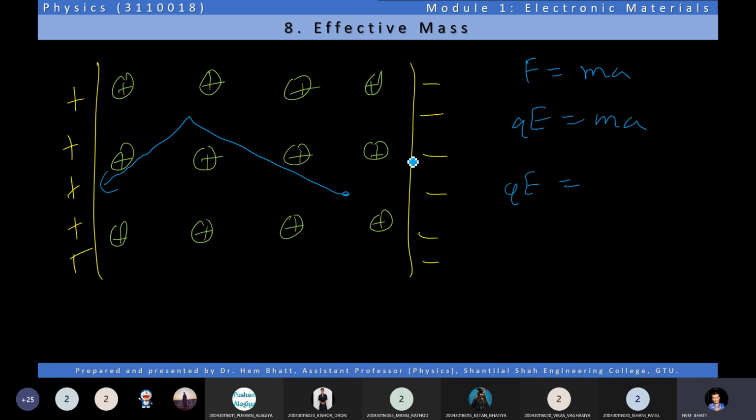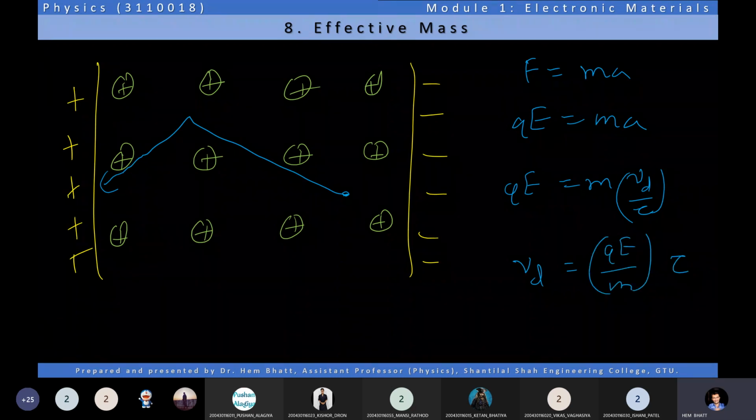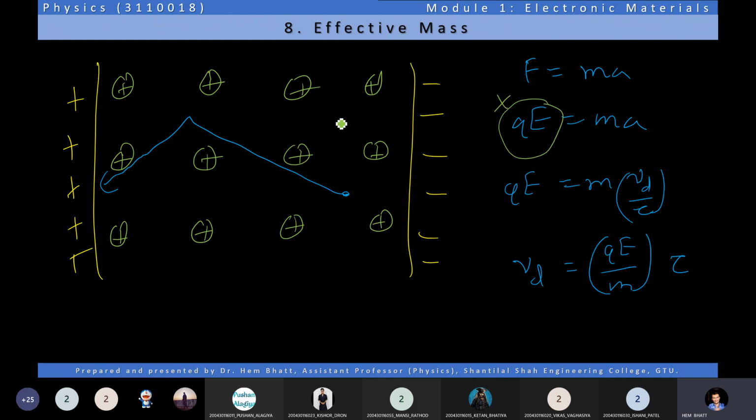Then dv by dt, or else Vd by tau. You find out Vd, that is QE by m into tau. Now this is not entirely true. Why is it not entirely true? Because we have made one mistake here. Force is not only QE.